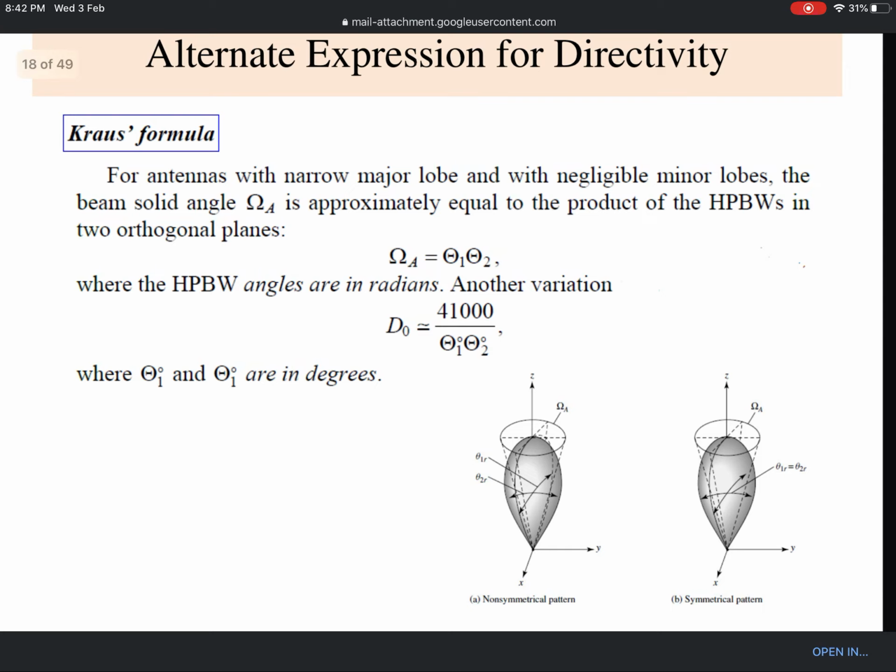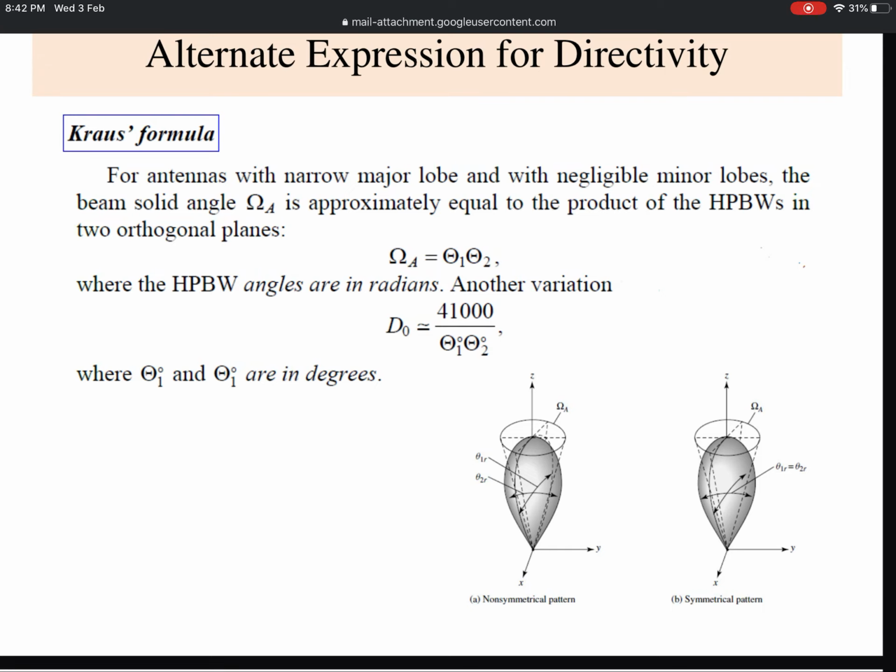But suppose I do not give you the radiation intensity, or beforehand the radiation intensity function is not with me, because these mathematical functions may not be readily available, then how to calculate the directivity? Just by looking at the measured radiation pattern.